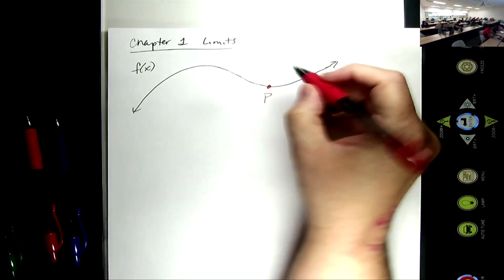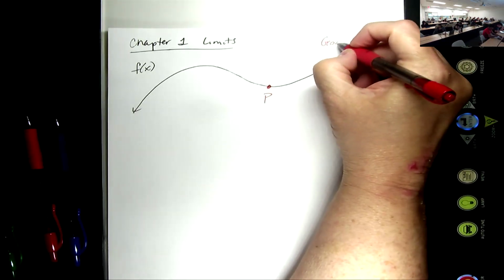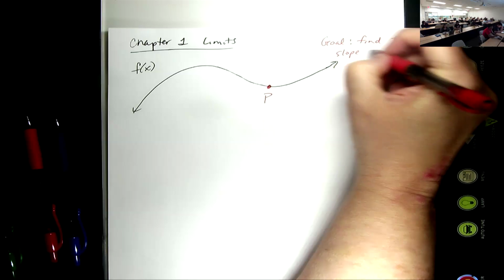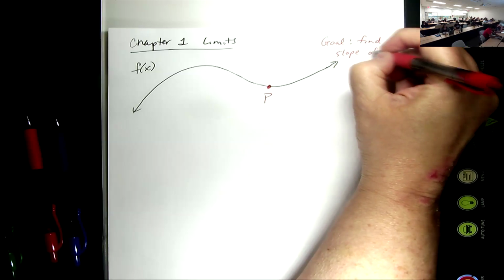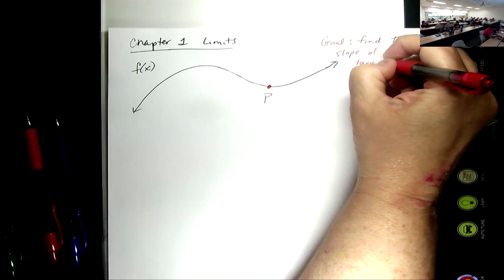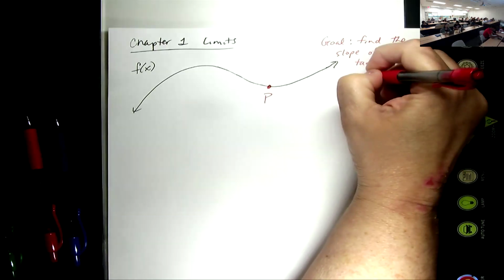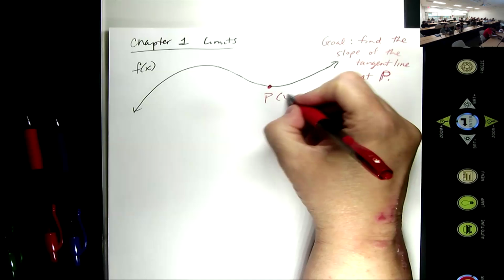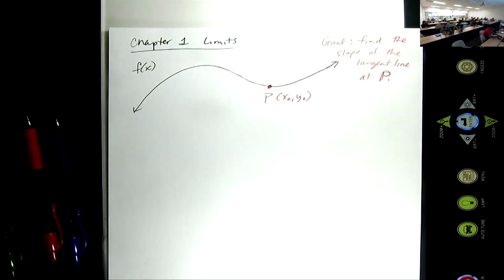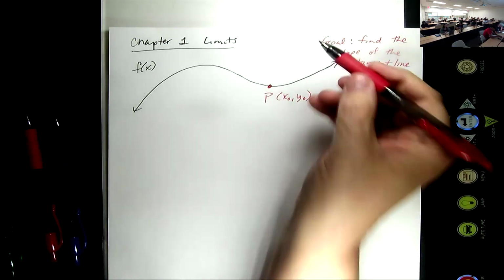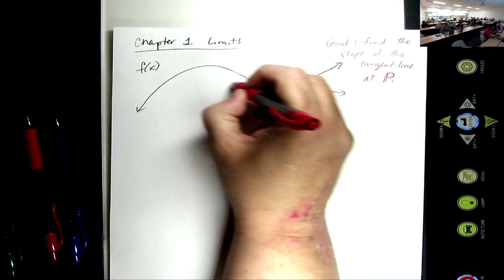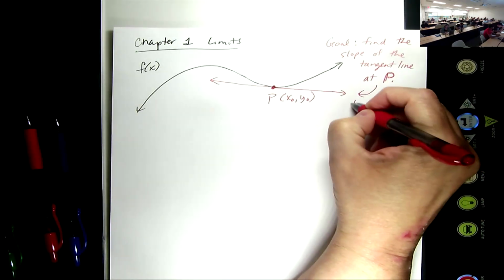And the goal is to find the slope of the tangent line at P. Let's say this is x naught, y naught. So a tangent line only touches at one point. Touches at one point only.